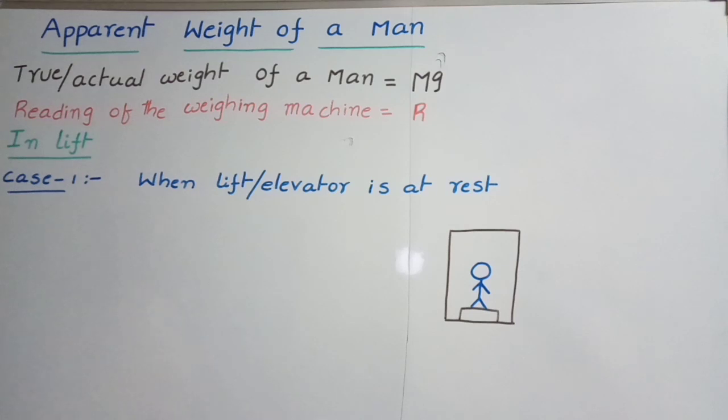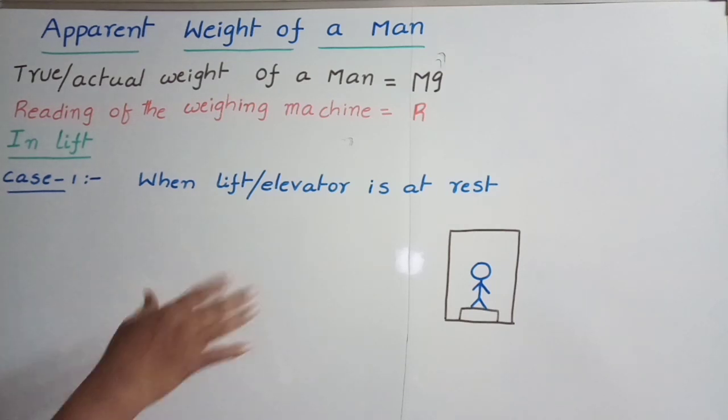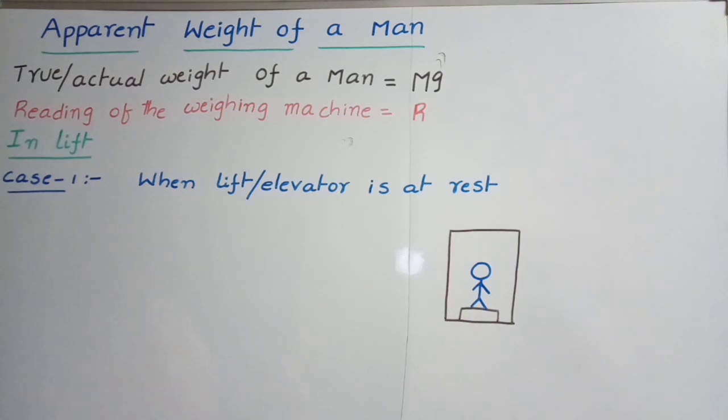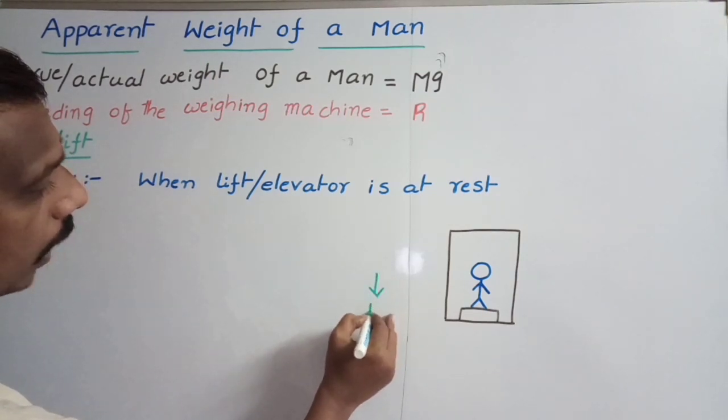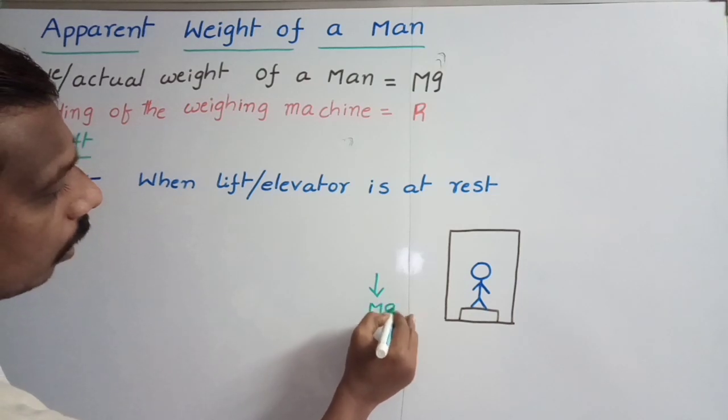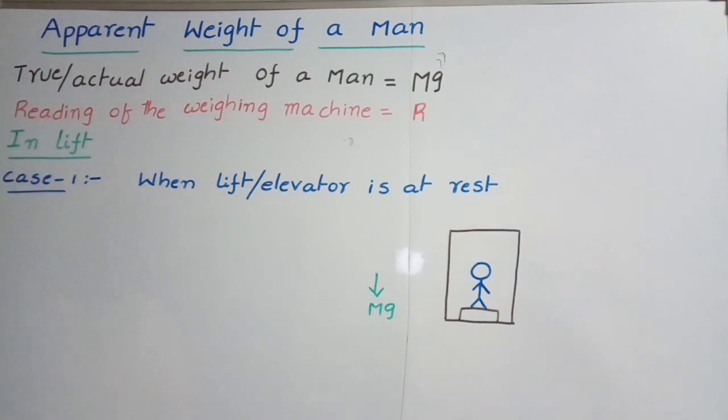When the lift or elevator is at rest, the net force acting on the man is equal to 0, because the lift is at rest according to the outside observer. The forces acting on the man are two forces. One is his weight, taken as capital Mg, and the other is the reaction given by the machine, acting in the upward direction.